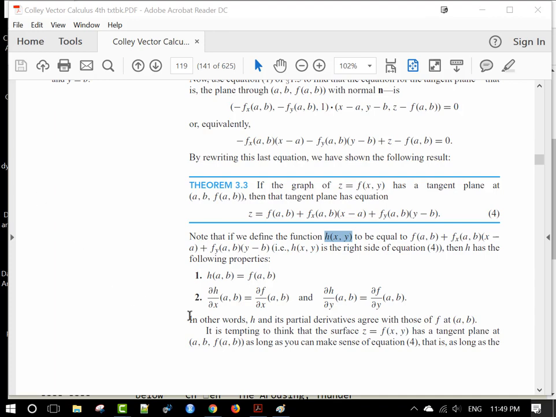So in other words, h and its partial derivatives agree with those of f at (a, b), maybe only at (a, b), but at least at (a, b).